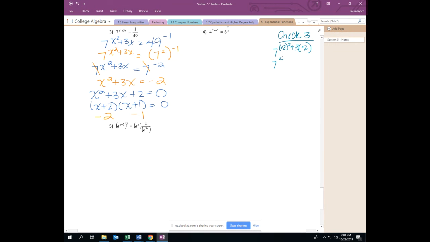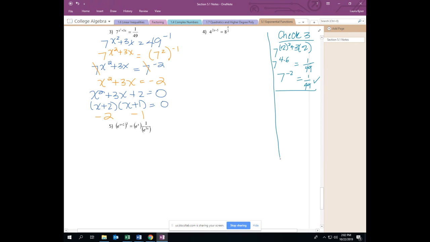And 3 times negative 2 is minus 6 equals 1 over 49. 4 minus 6 is negative 2. 7 to the negative 2 power is 1 over 49. So that one works. Negative 2 is good.